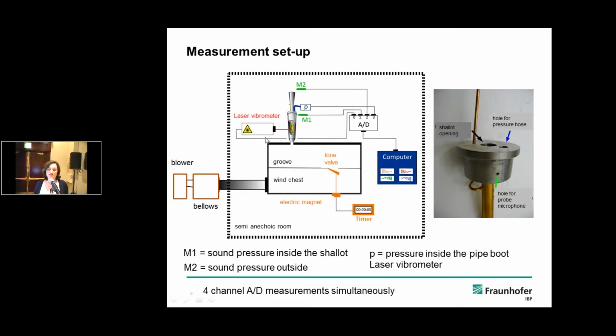One channel was the laser vibrometer, which was detecting the vibration of the tongue. One microphone, a probe microphone, measured the sound inside the shallot. The second microphone measured the sound outside the resonator. And there was a pressure sensor inside the boot of the pipe.